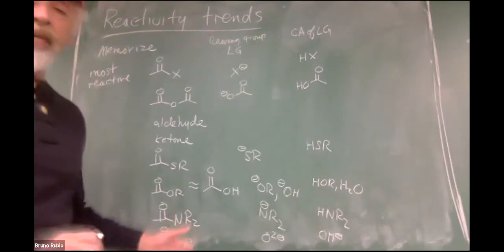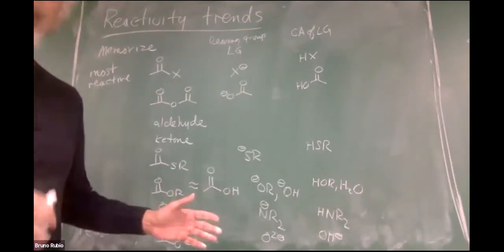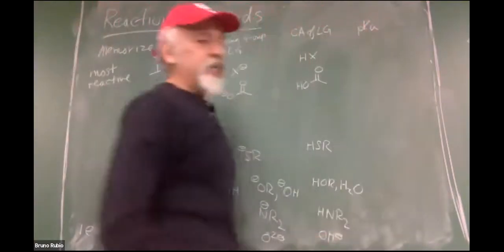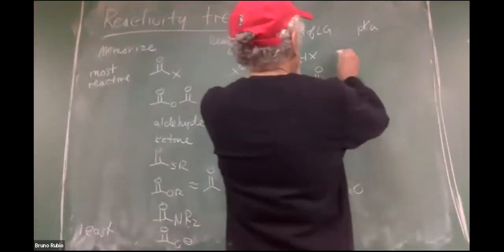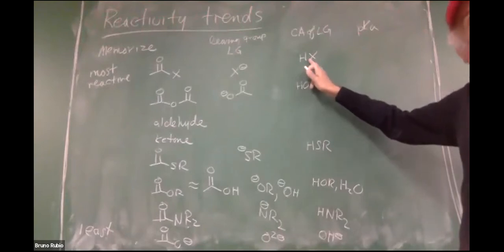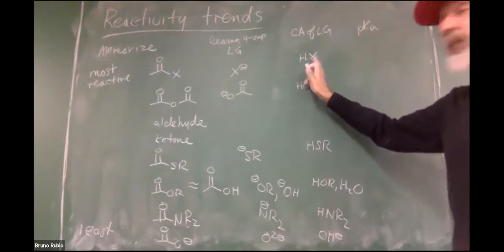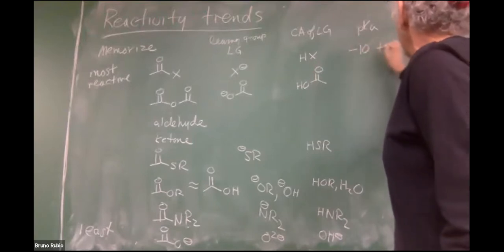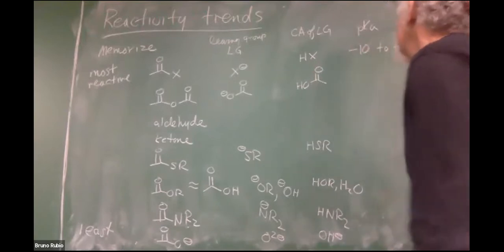Okay, and so now let's whip out that pKa table and identify the pKa's of all of these conjugate acids. So the pKa of HF, HBr, HCl, and HI, they're all different, but they go from -10 to +3.